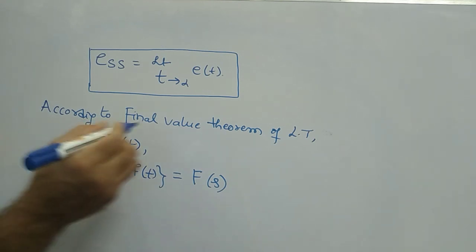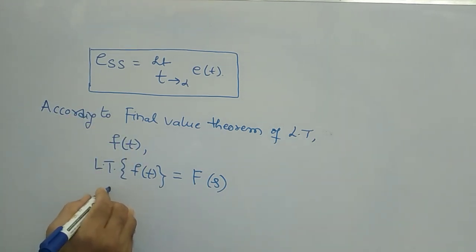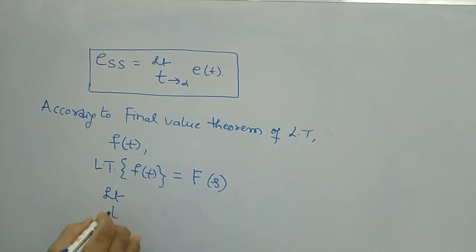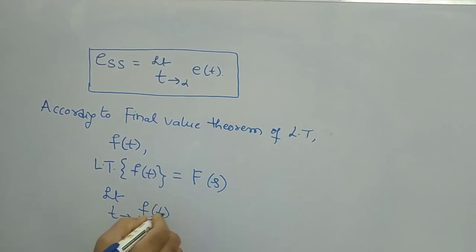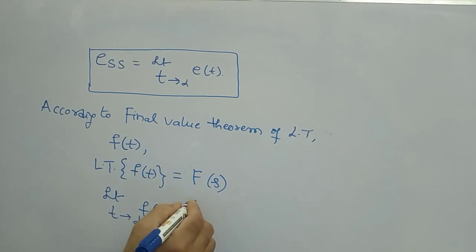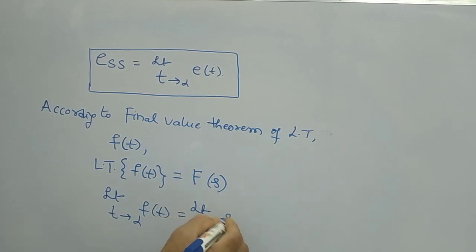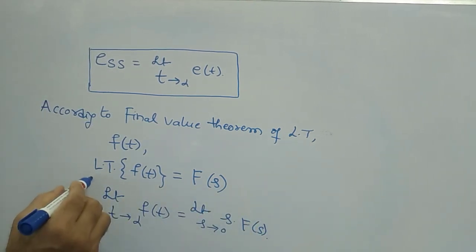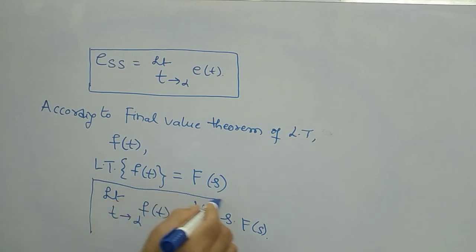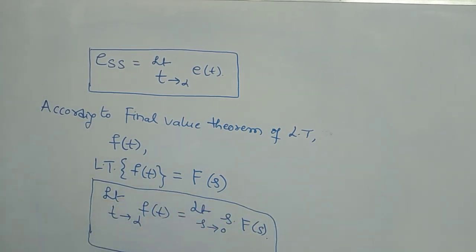Then according to the final value theorem, limit t tends to infinity f of t is equal to limit s tends to 0 s into F of s. This is the final value theorem of Laplace transformation. Clear? Very important theorem it is.